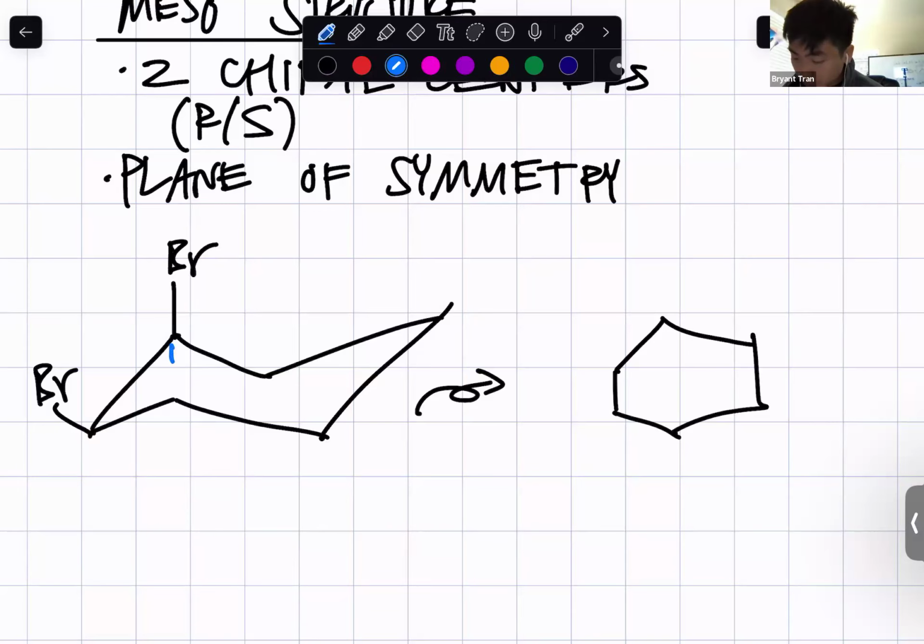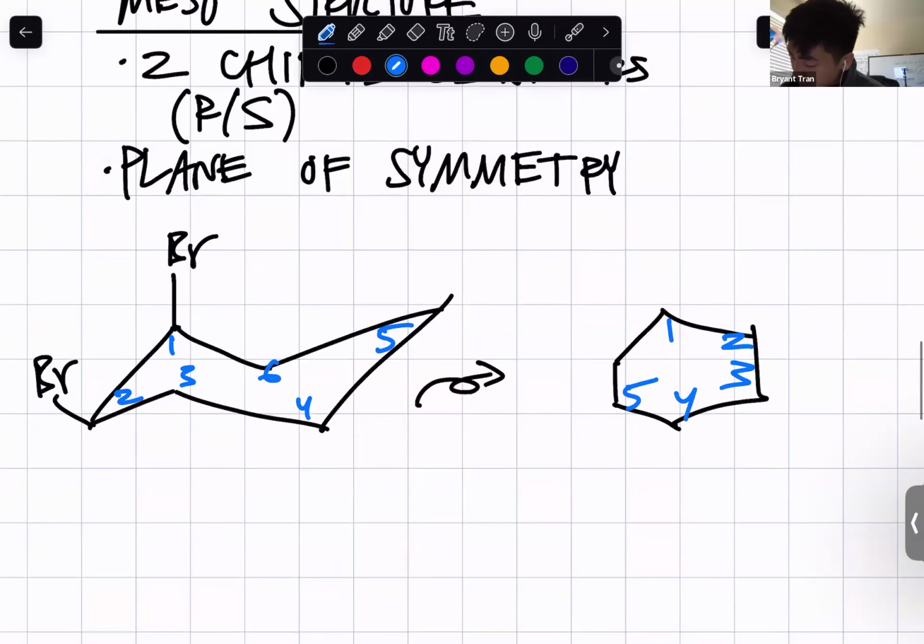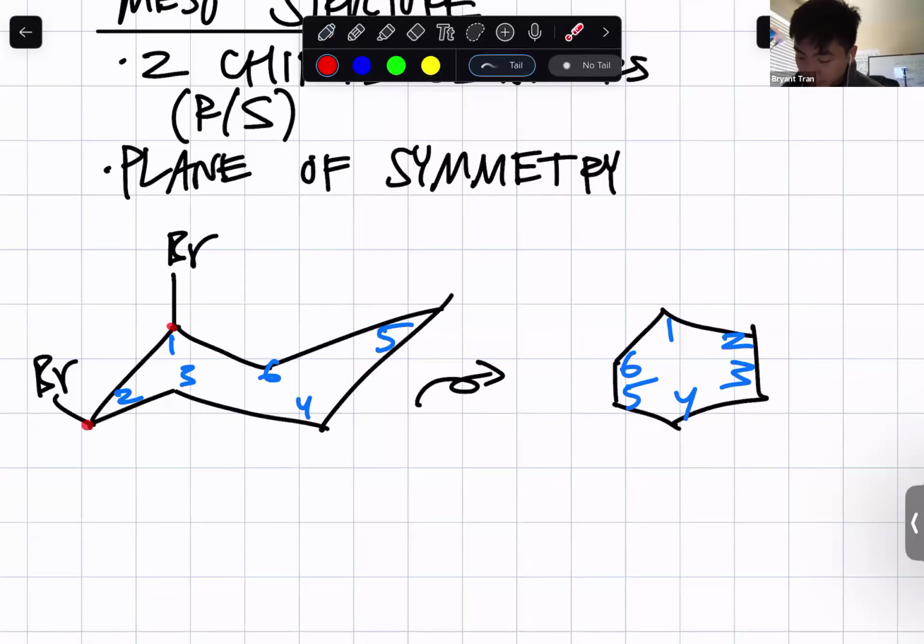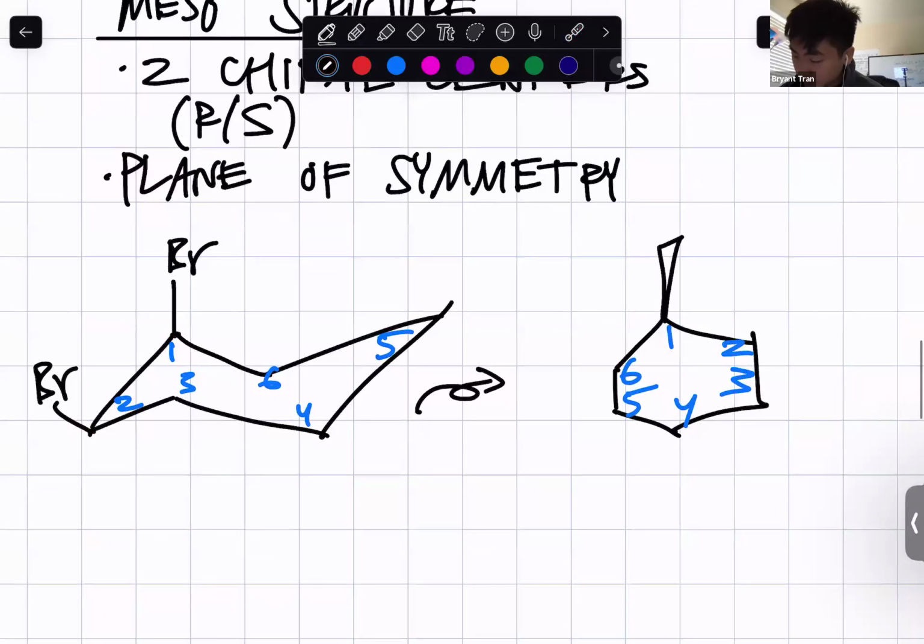It doesn't matter how we number it. What matters is the consistency of where the groups are on the numbers, where we see at both carbons 1 and 2, we have bromines going up. So they're both going to be wedged on carbons 1 and 2, like this.